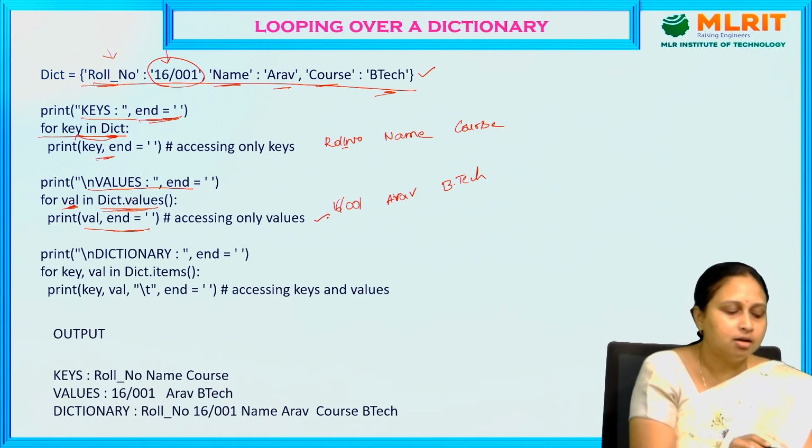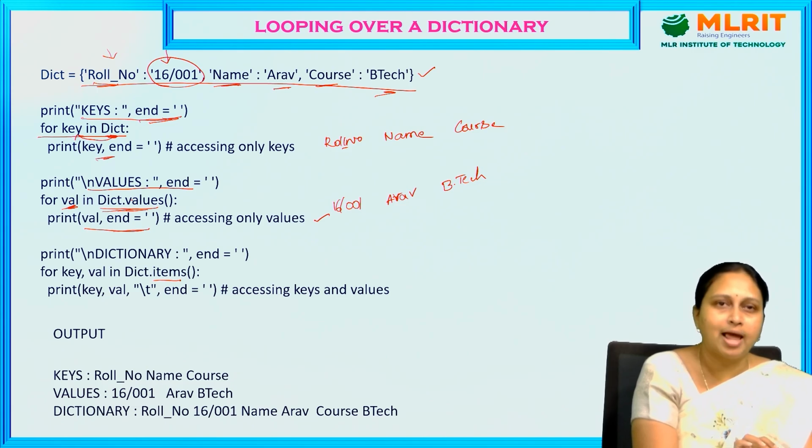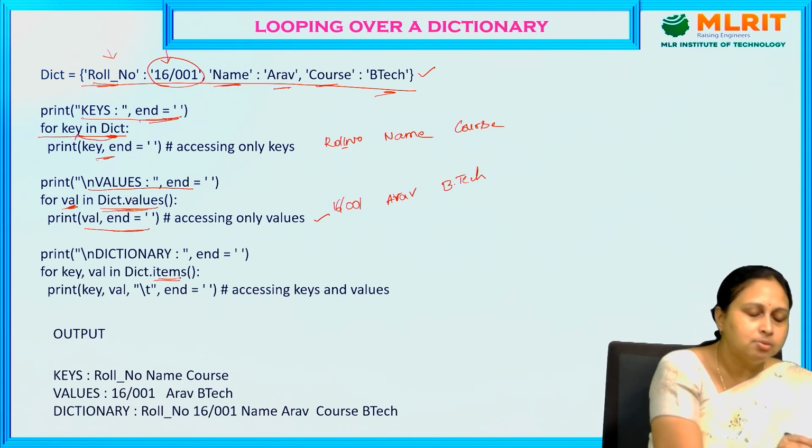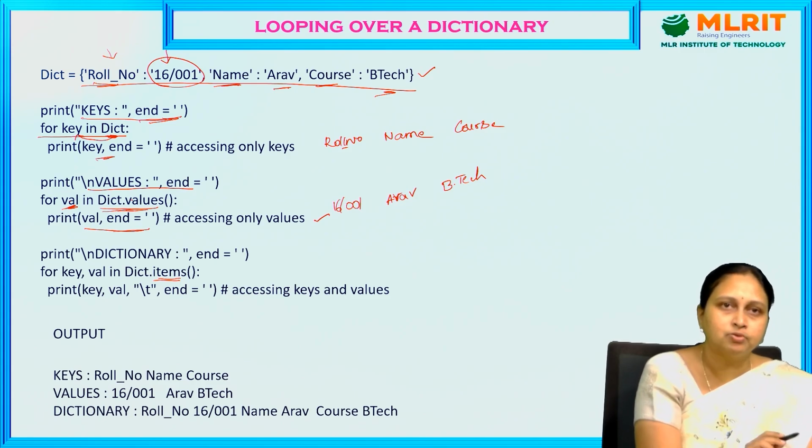Now, you could understand how we can access keys and values, if I want to access both things at a time. Similarly, items is a function we use for accessing both key and value pairs. It works similarly to how it worked with the keys and the values.